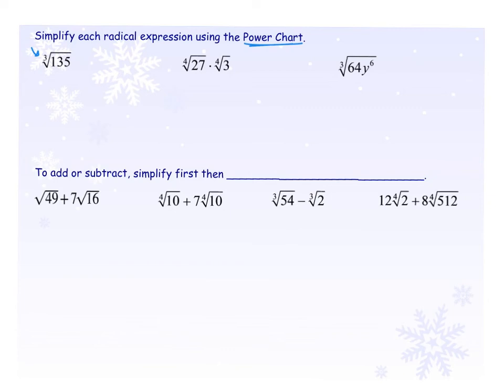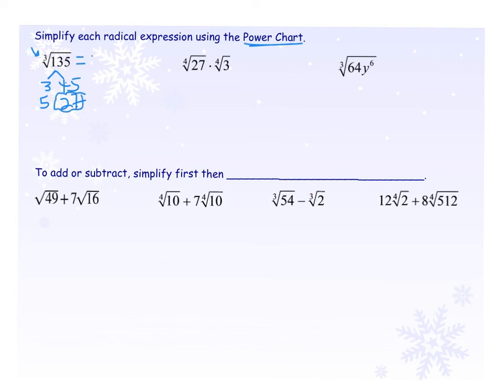Oh yeah, 3 does. 3 goes into there 45 times. If we break that down into 3 times 45, neither of those are on our list. Try again. 4 doesn't go in. 5 goes in. 5 goes into 135 27 times. Notice 27 is a perfect cube value.